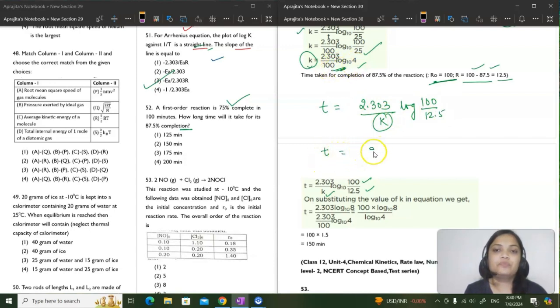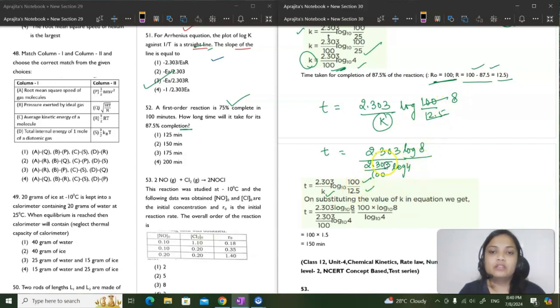When you substitute the value of k, that is 2.303 upon 100 log 4, and here it will be log 12.5, so we will cancel it. It will be log 8. So 2.303 and 2.303 will cancel out. 100 will go in the numerator into log 8 upon log 4.